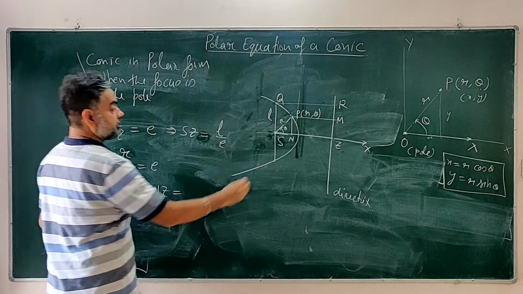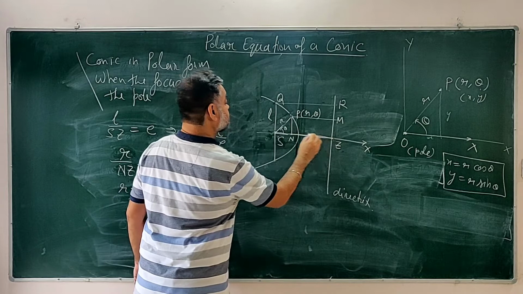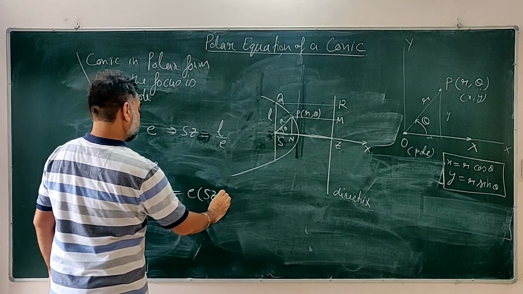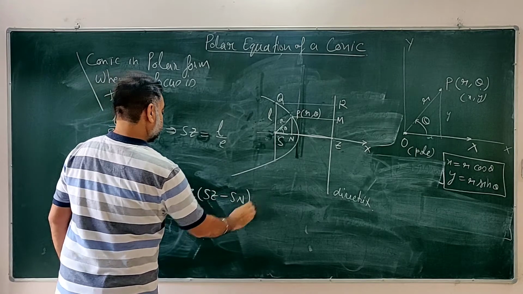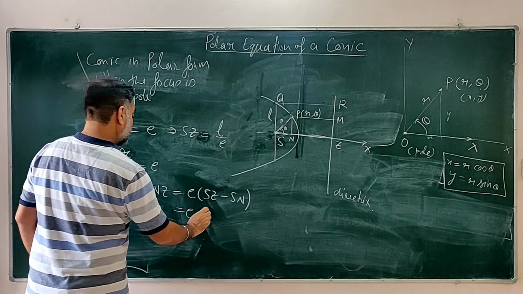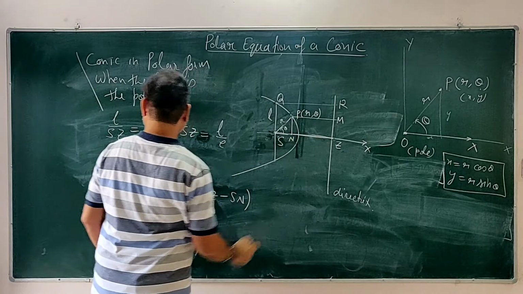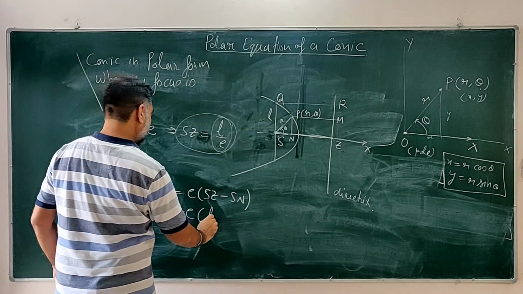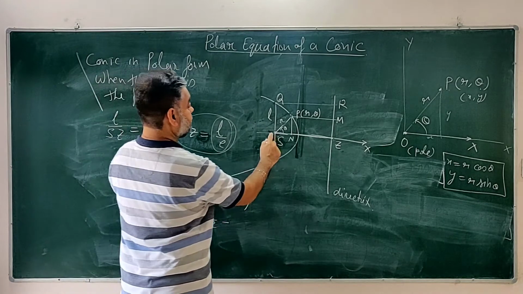But what is NZ? NZ can be written as SZ minus SN. So r is equal to E times (SZ minus SN). The value of SZ we already have: it is L over E, minus SN.